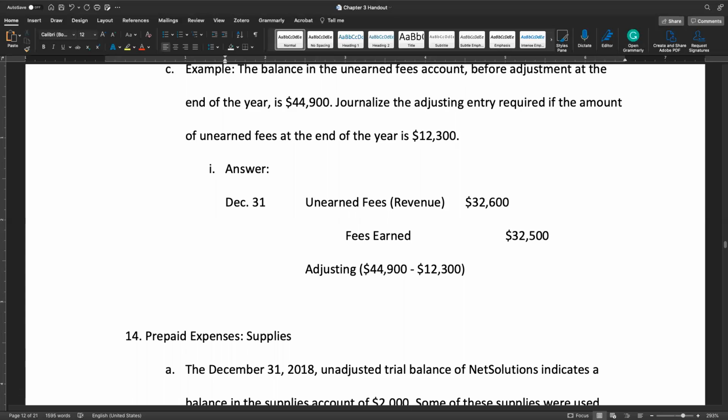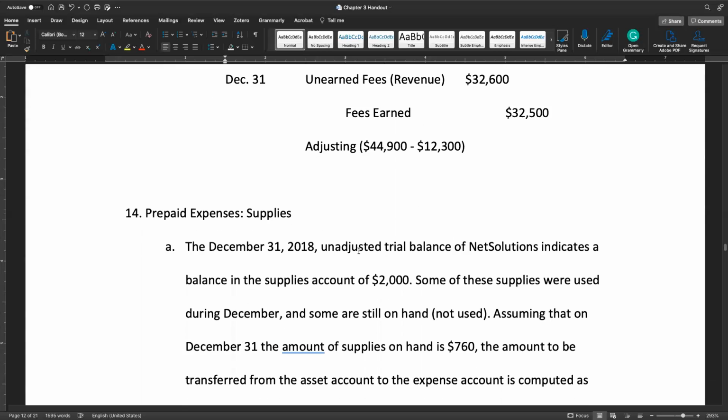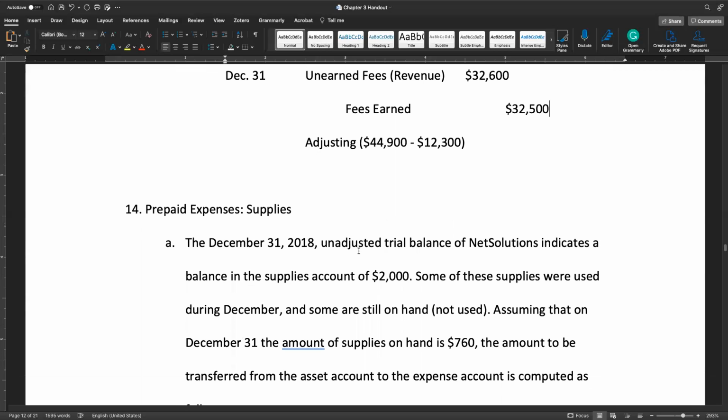Prepaid expenses has two different ones we're going to do. We're going to do a journal entry that deals with supplies and one that deals with insurance. We've kind of done the supplies one before. We're going to go a little more into it this time. So December 31st, we have an unadjusted trial balance that shows we have $2,000 of supplies. Some of these supplies were used during December and some are still on hand or not used.